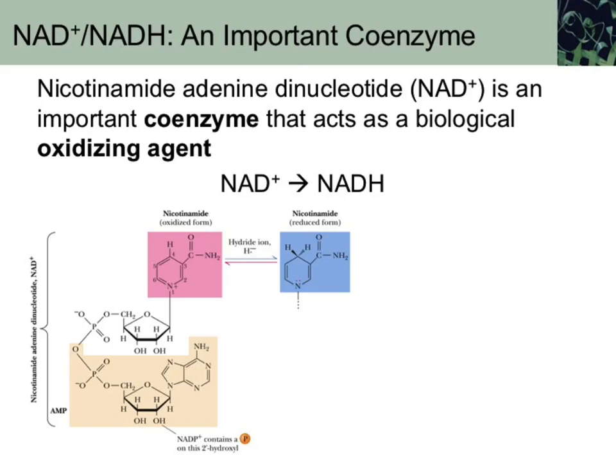So we're now going to look at some important molecules involved in energy. First big important one, nicotinamide adenine dinucleotide, also known as NAD. Okay? More appropriately specified as NAD+. NAD+ will react to become NADH. Balance that equation.